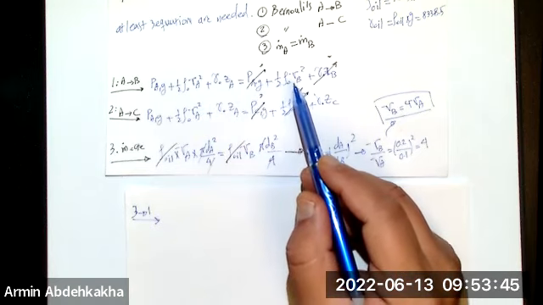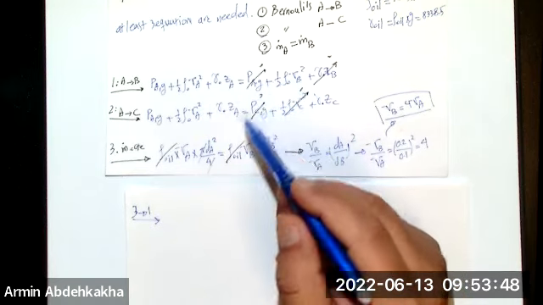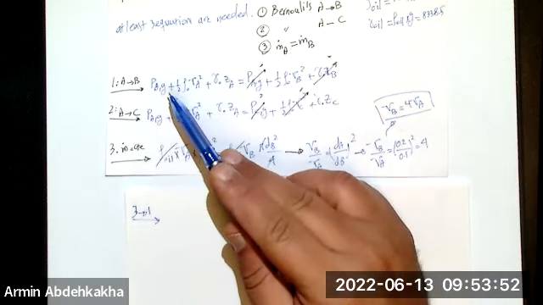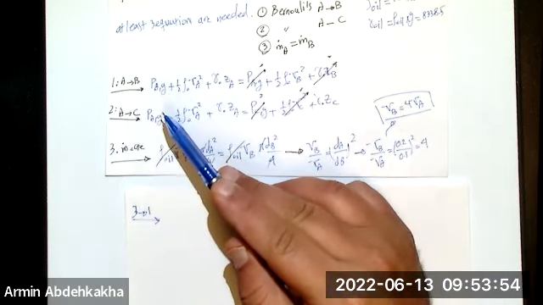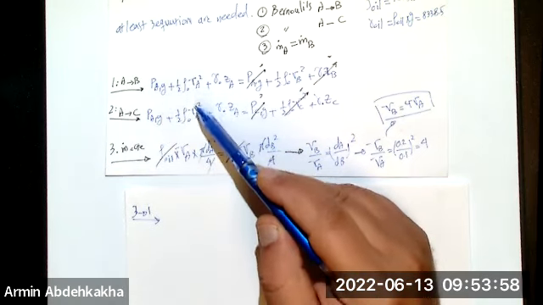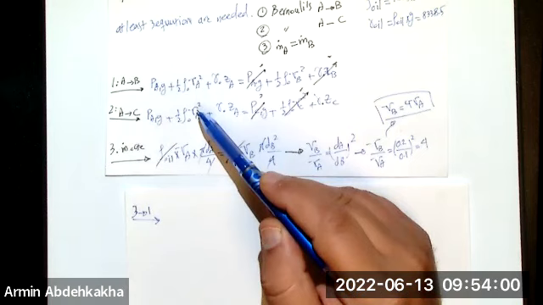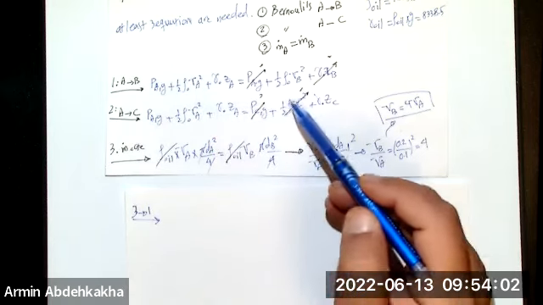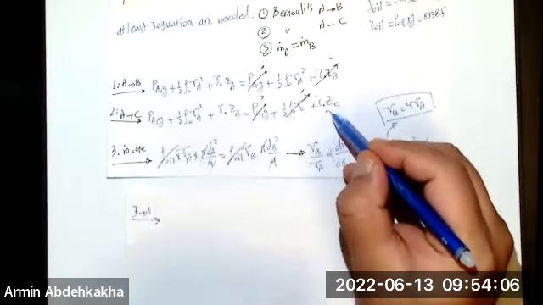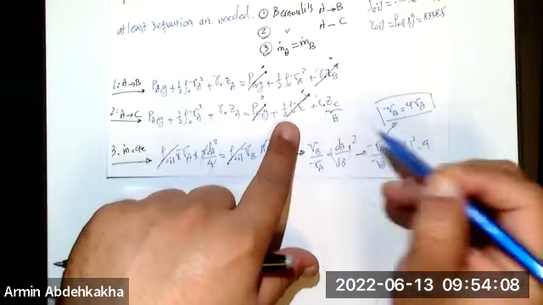then what are the unknowns? We know what is Z_A. We know what is the pressure at this point, right? The only thing that we don't know from these two equations is V_A. You have no idea about it. And also we don't know what is Z_C, that's H, right?